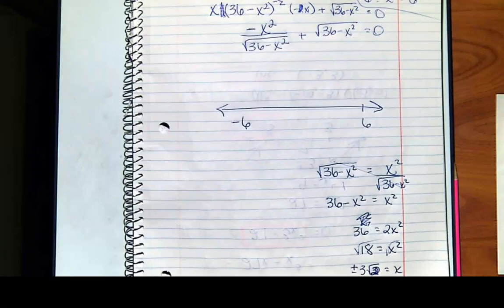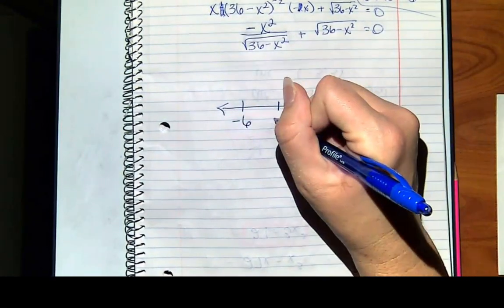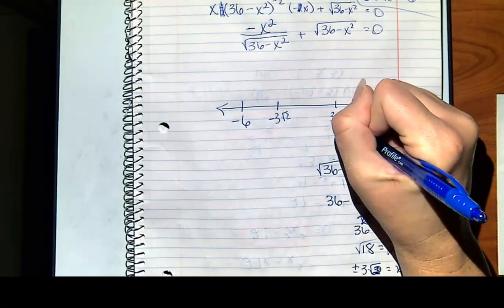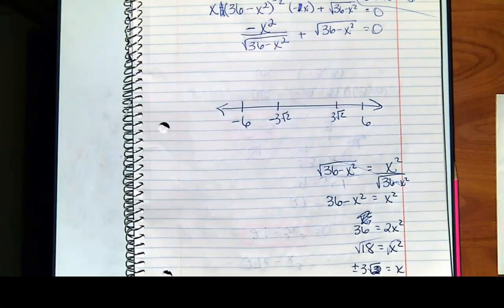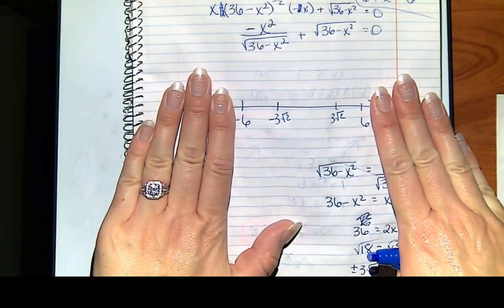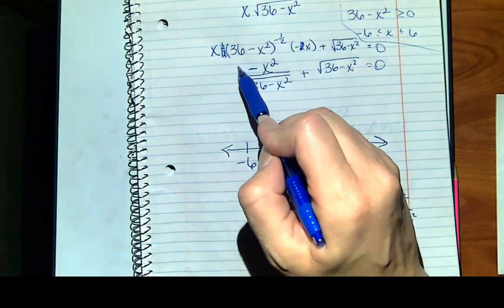So what we have is another critical number at -3 root 2, and another critical number at +3 root 2. Okay, so those are your test intervals, and they only exist between -6 and +6. Okay, so where do you test these things at? Test them up in here.